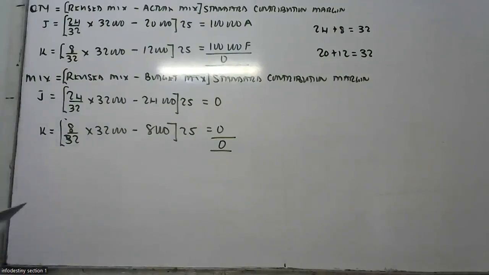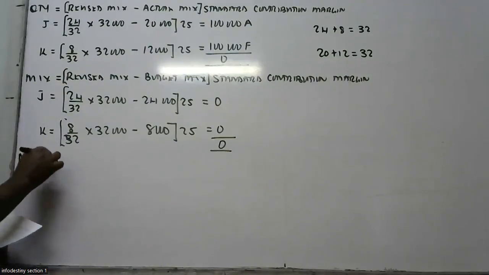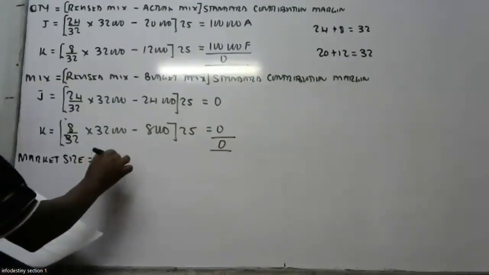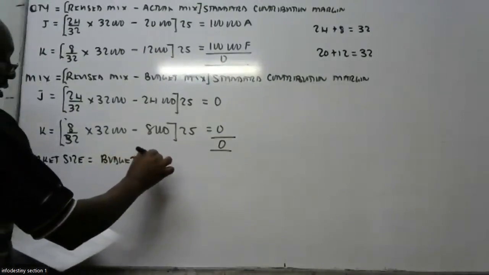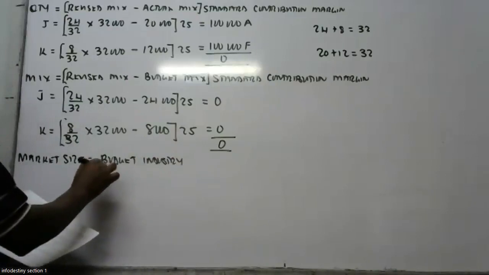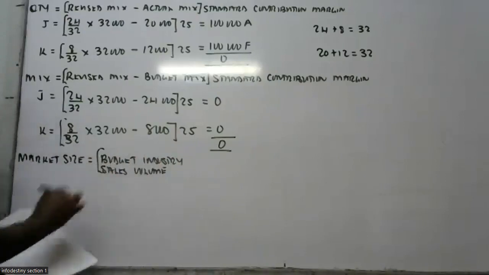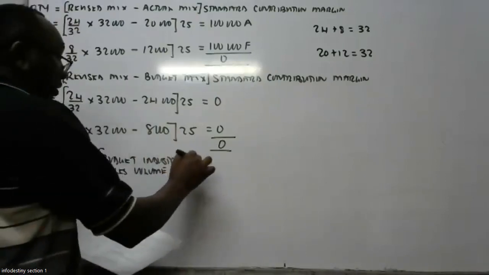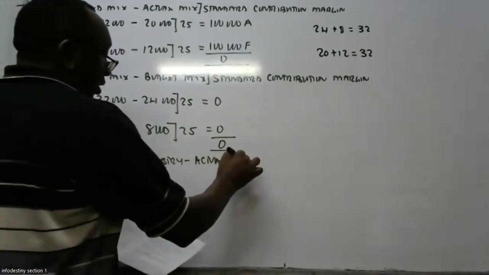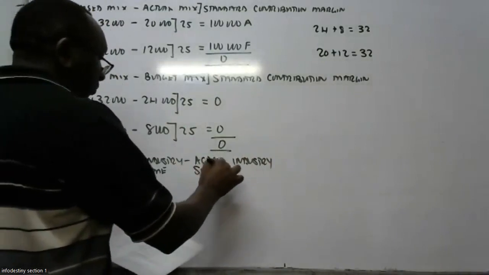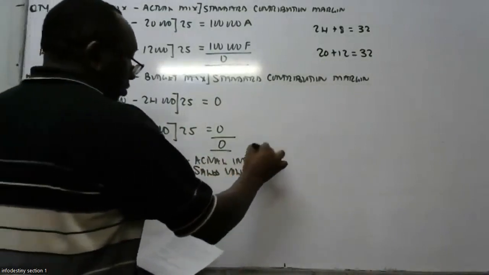Okay. The next one is market share or market size. Now, market size is given as budget industry sales volume minus actual industry sales volume.